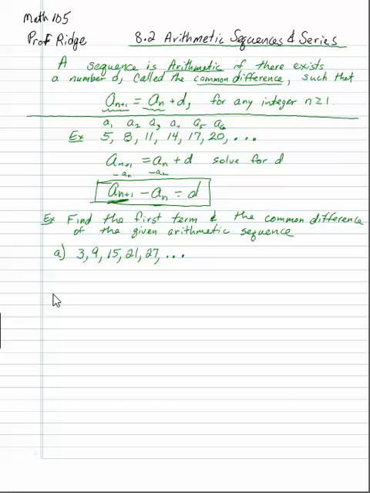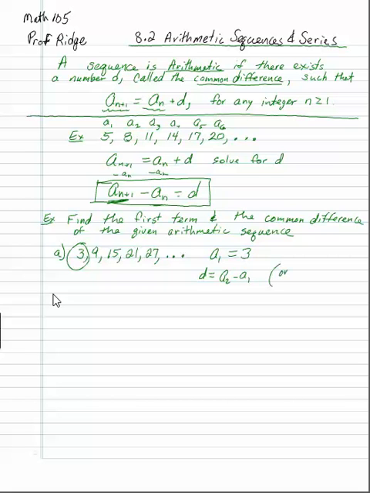Okay, so find the first term and the common difference of the given arithmetic sequence. Basically the first term, that's easy. A sub 1 is just given to you right there, it is 3. And to find the common difference, you're going to just take a sub 2 minus a sub 1.